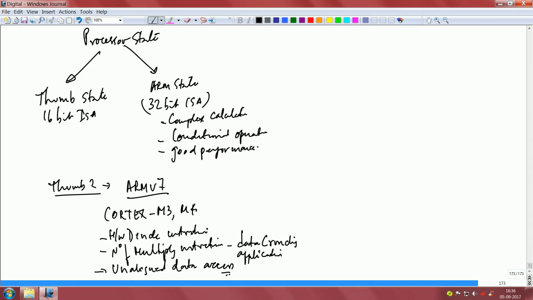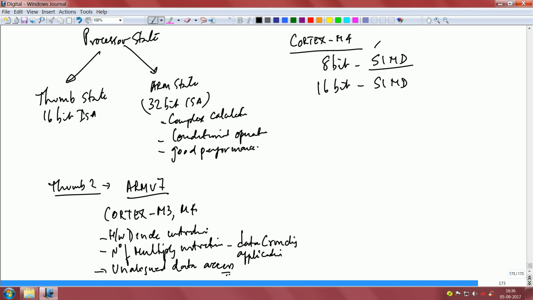So, Cortex M4 for instance, let me give you a very contrasting thing. If you take Cortex M4, it has 8-bit SIMD, it also has 16-bit SIMD. What does it stand for? Single instruction multiple data.